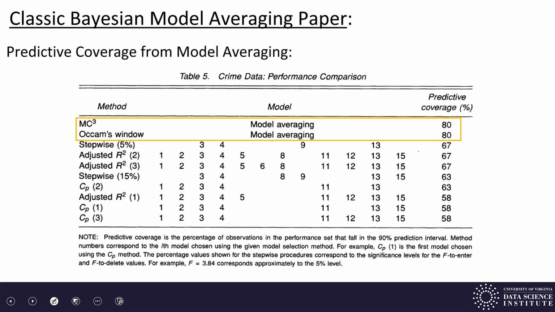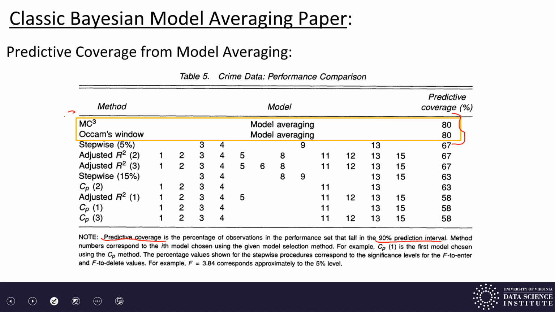One of the ways we can measure the goodness of a linear regression model is performance comparison using predictive coverage. Here's the definition of predictive coverage: it's the percentage of observations in the performance set that fall in the 90% prediction interval. So, 80% of states fell within the 90% prediction interval for model averaging.